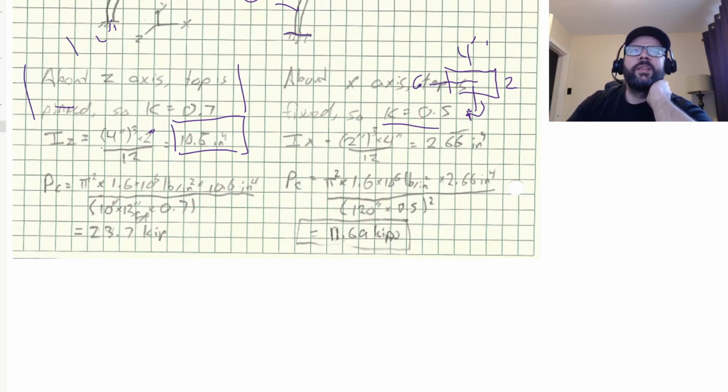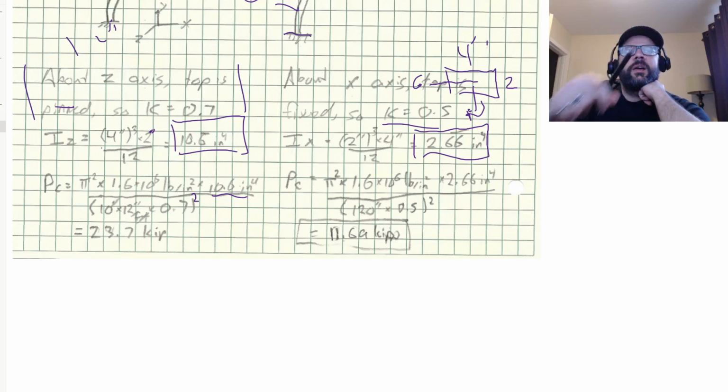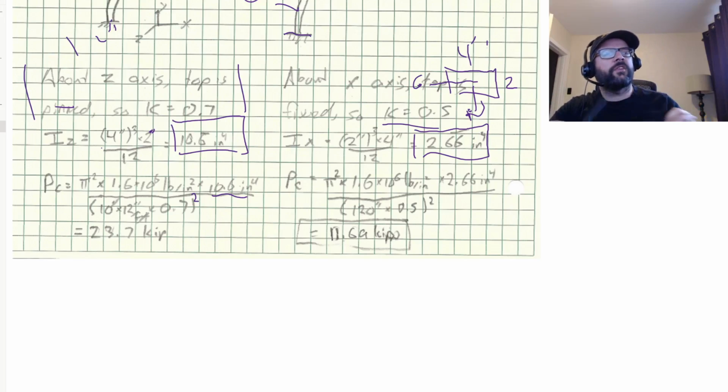So plugging in the numbers, we got pi squared times 1.6 times 10 to the 6 pounds per inch squared times 10.6 inches to the fourth, all divided by our effective length squared. I actually forgot to put the squared sign on my drawing, sorry, but the calculation had it correct.